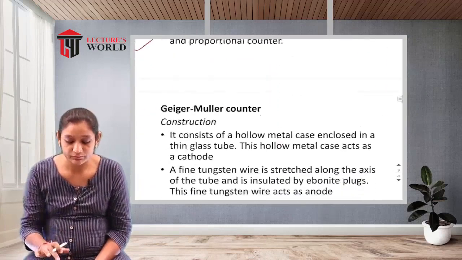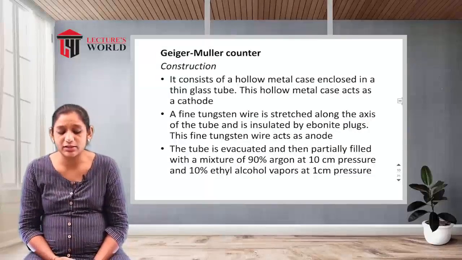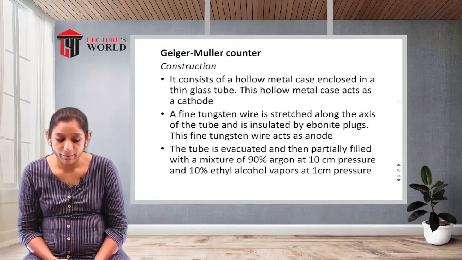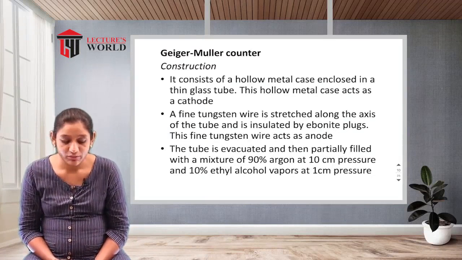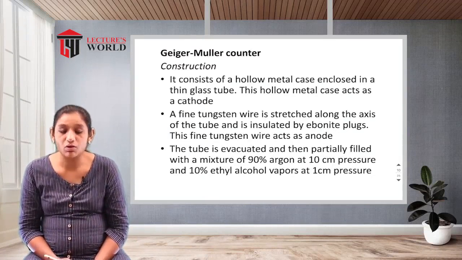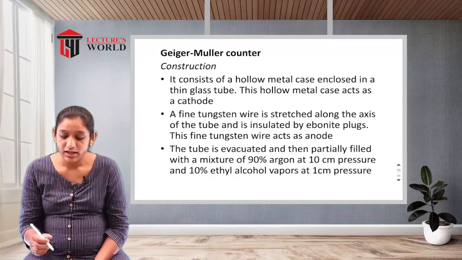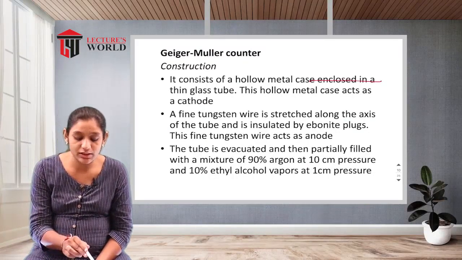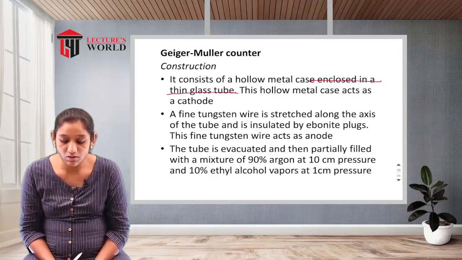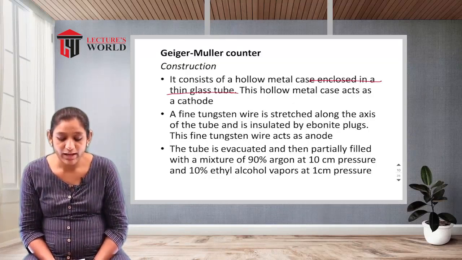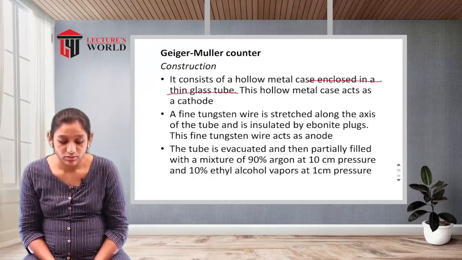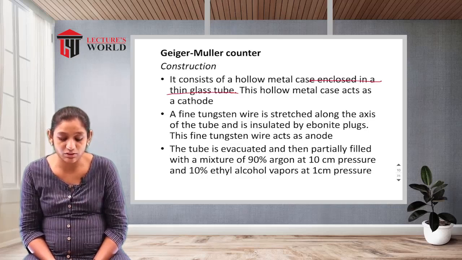Next one is the Geiger-Muller counter, its construction. It consists of a hollow metal case enclosed in a thin glass tube. The hollow metal case acts as the cathode. The fine tungsten wire is stretched along the axis of the tube and is insulated by ebonite plugs.